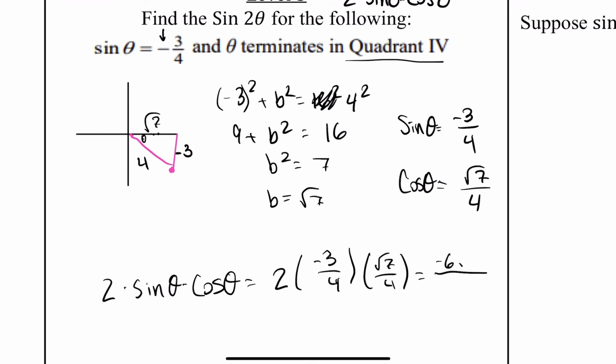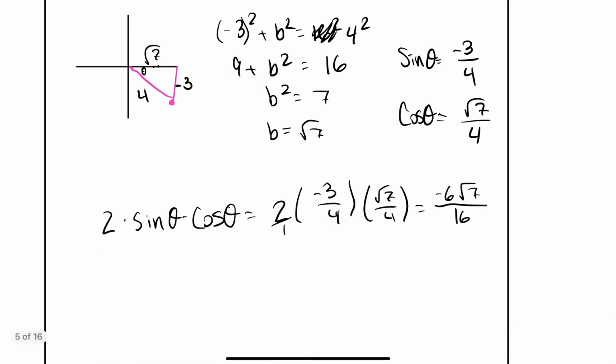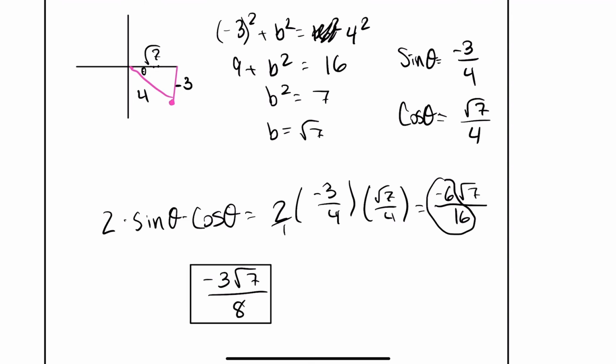Negative 6 times square root of 7 is negative 6 square roots of 7. And on the bottom, technically there's a 1 here. So 1 times 4 is 4. 4 times 4 is 16. And all I need to check now is do these two numbers simplify, negative 6 and 16, the two outside of the square root. And they would both divide by 2. So I end up with negative 3 square roots of 7 over 8.